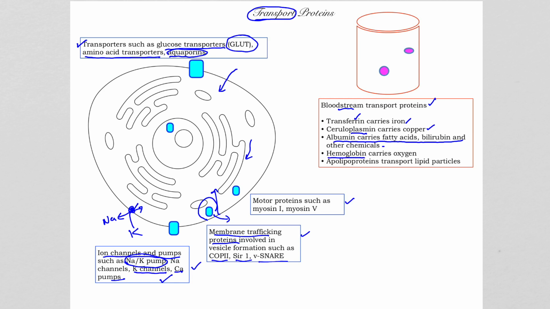Hemoglobin, found in red blood cells, carries oxygen. The apoproteins or the apolipoproteins are involved in transport of lipids. So many transport proteins in the bloodstream besides in the cells.